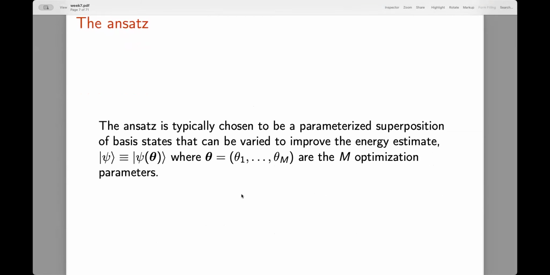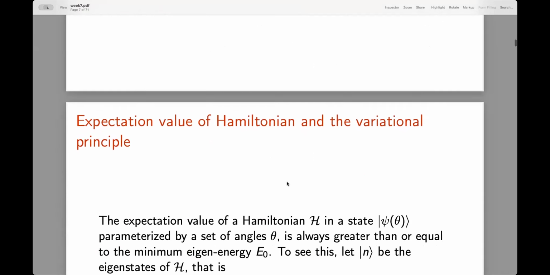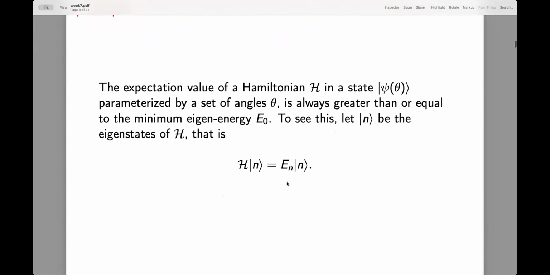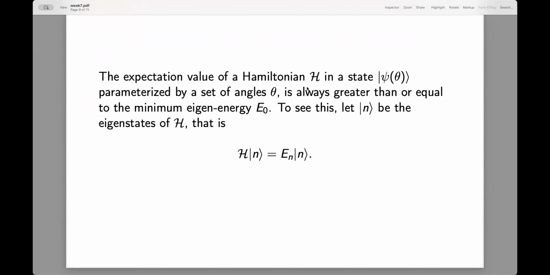The typical ansatz is to parameterize your state in terms of some angles. You perform rotations, and M is now the number of optimization parameters. And this is where you have the optimization problem. Just to quickly repeat, we now look at the Hamiltonian and a given state where you have these thetas as our optimization parameters.